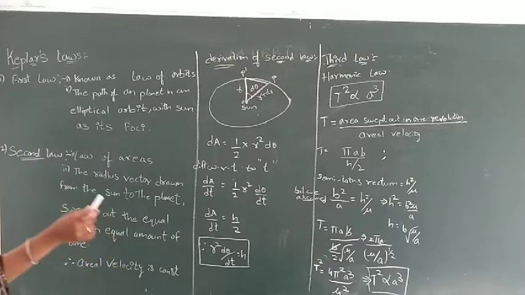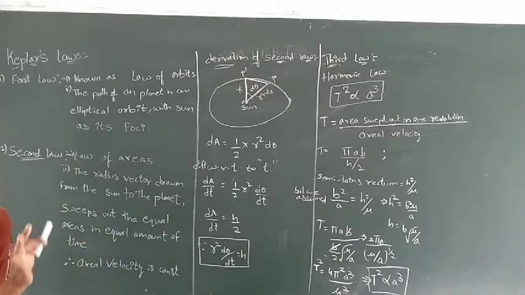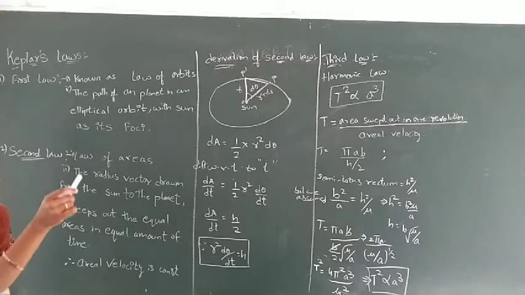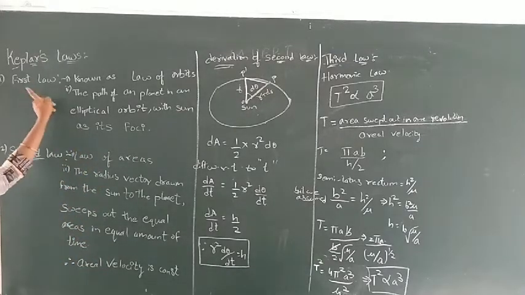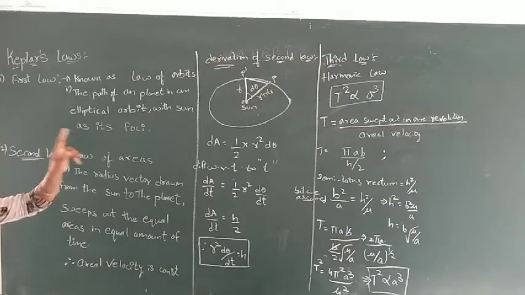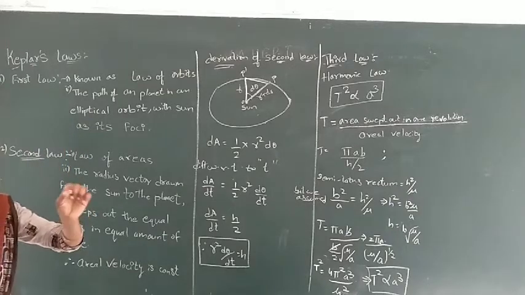Now Kepler explained planetary motion. He proposed three laws. Kepler's first law is known as the law of orbits.